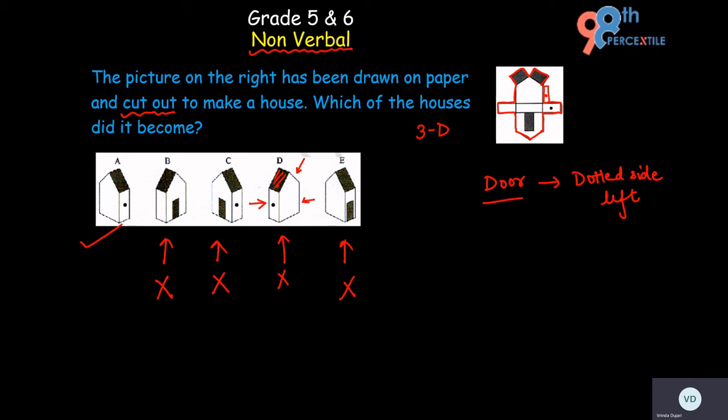Now in these type of questions of the battery non-verbal, it requires a lot of our imagination in 3 dimensions. And if you want, what you can do is, for 1 or 2 questions, you can try drawing this particular drawing on a piece of paper, then cut it down and try to fold these edges. Then you will be able to eliminate these options, and you will be able to figure out that this option is correct.